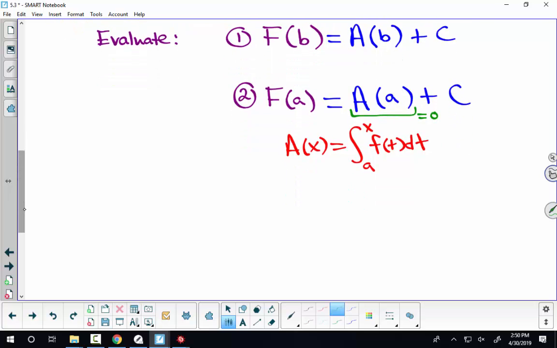Okay, well, why did we evaluate those two? Well, we have these two statements here: F of b is A of b plus C, and F of a is C. And then we're going to take F of b minus F of a.